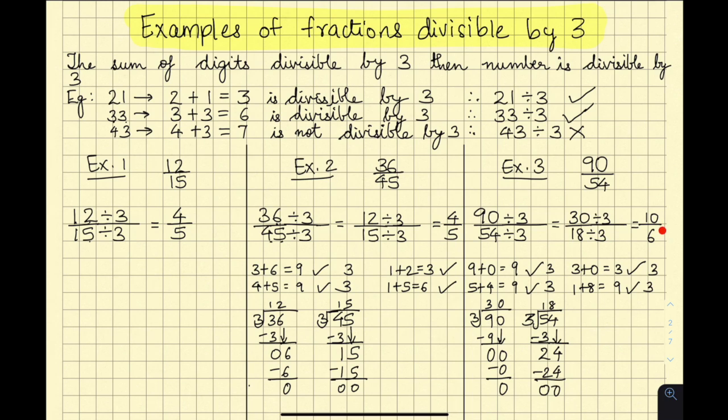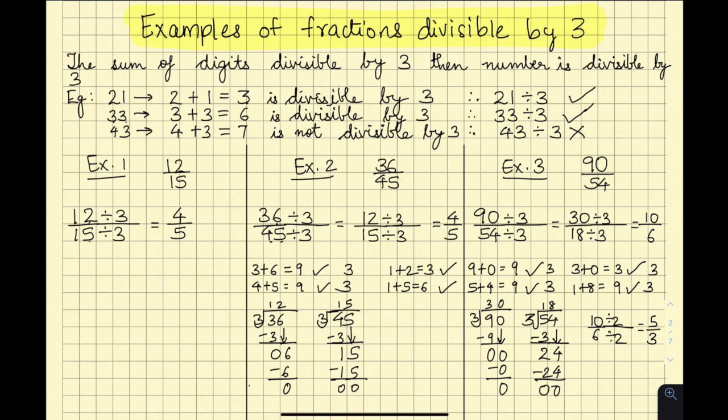Now if you compare 10 and 6, you will see 10 is an even number, 6 is also an even number, so they both are divisible by 2. So 10 upon 6, both divided by 2. 2 fives are 10 and 2 threes are 6.